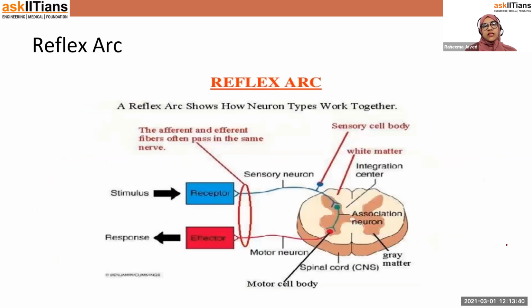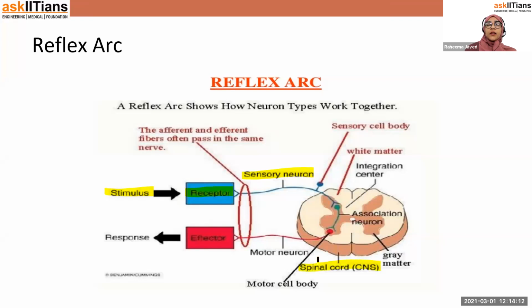So this is a reflex arc. Before understanding the reflex arc, you have to understand that there are certain parts of a reflex arc. There is a stimulus, which is received by the receptor. The receptor takes the signal via sensory neuron to the spinal cord.